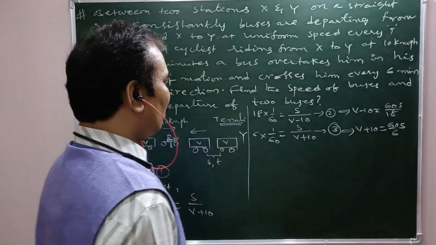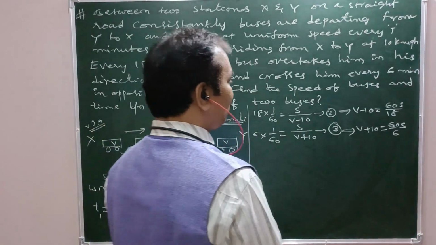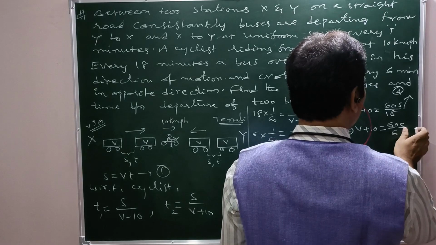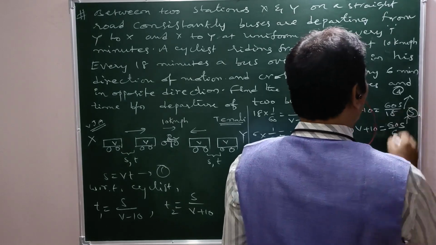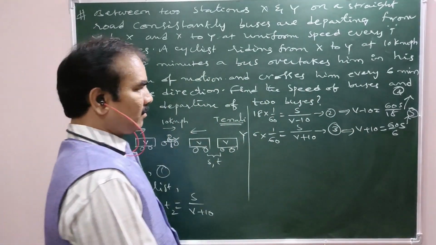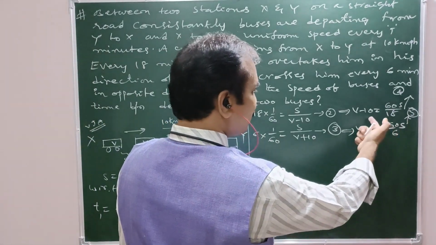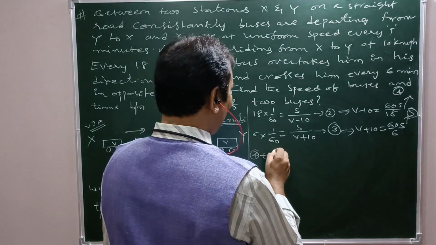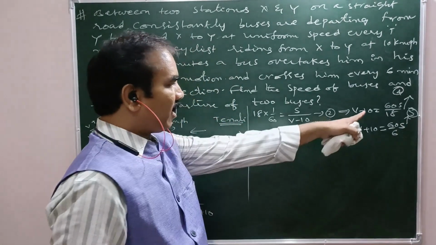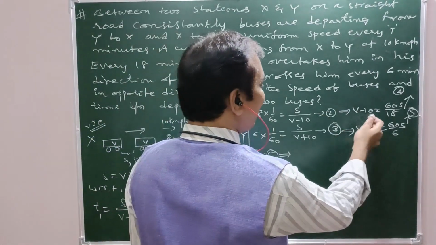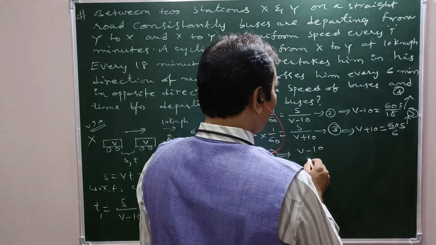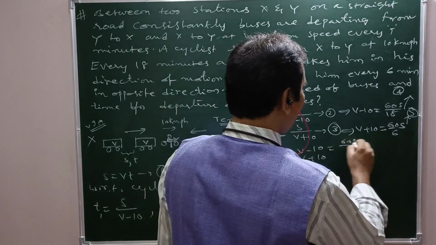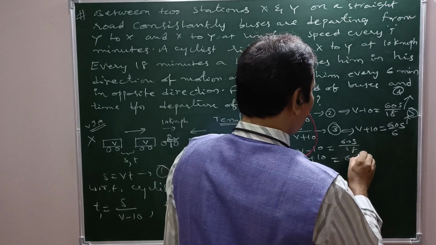Now I am taking this as equation 4 and this as equation 5. On adding 4 and 5, we can eliminate, see, plus 10 and minus 10 cancel each other. On adding, V minus 10 plus V plus 10 equals 60 S by 18 plus 60 S by 6.